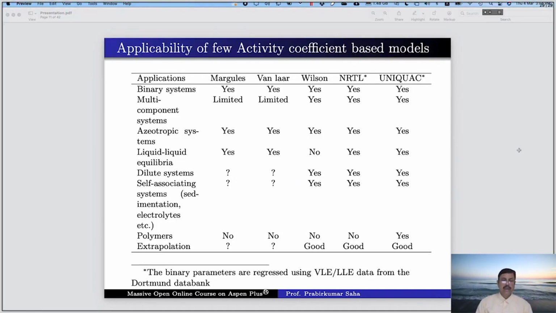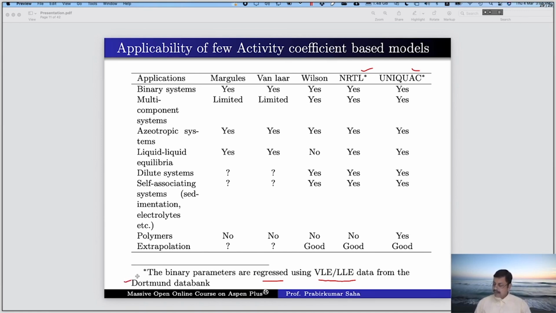Now here we have some activity coefficient based models. They are Margules, Van Laar, Wilson, NRTL, and UNIQUAC. The binary parameters of NRTL and UNIQUAC have been regressed using vapor-liquid equilibrium or liquid-liquid equilibrium data from the Dortmund Data Bank.